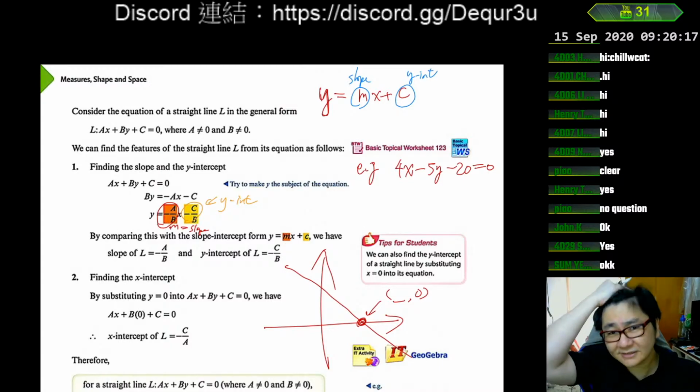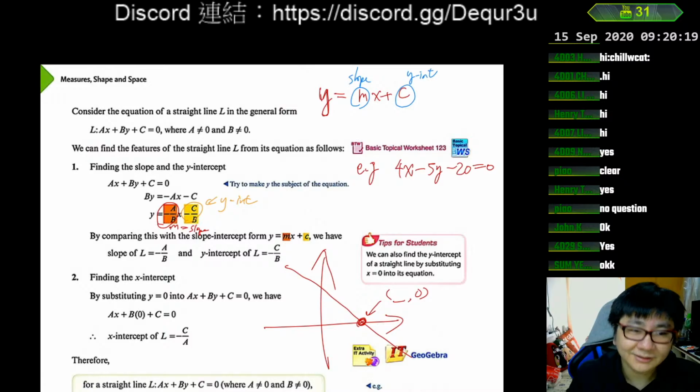If you want to get some information, I suggest you make y the subject and then you don't need to remember. If you make the subject, then it will be 5y equal to 4x minus 20.